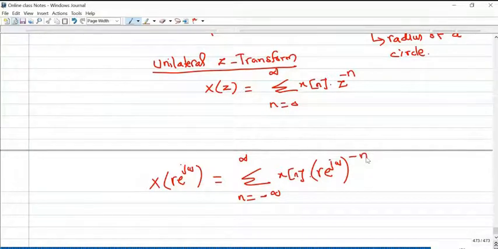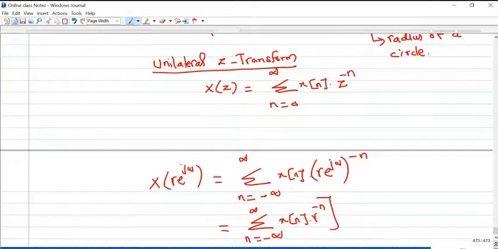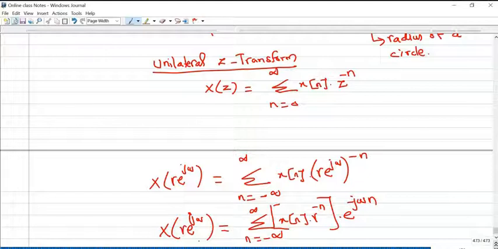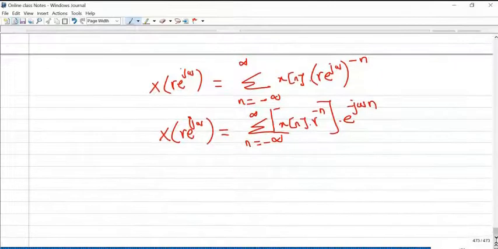If you replace Z by R e power j omega, you get the equation like this. If you rearrange it, summation x of n r power minus n into e power minus j omega n. From this equation, we can easily see the relationship between Z transform and DTFT.